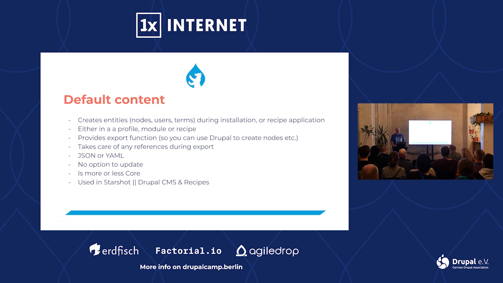Another plus point is that this is partly already in core. It's going to be used in Drupal CMS/Starshop, and it's already being used in a recipe. So if you're looking for something that will be around in Drupal core for the next 15 years or whatever, then Default Content is something to look at.